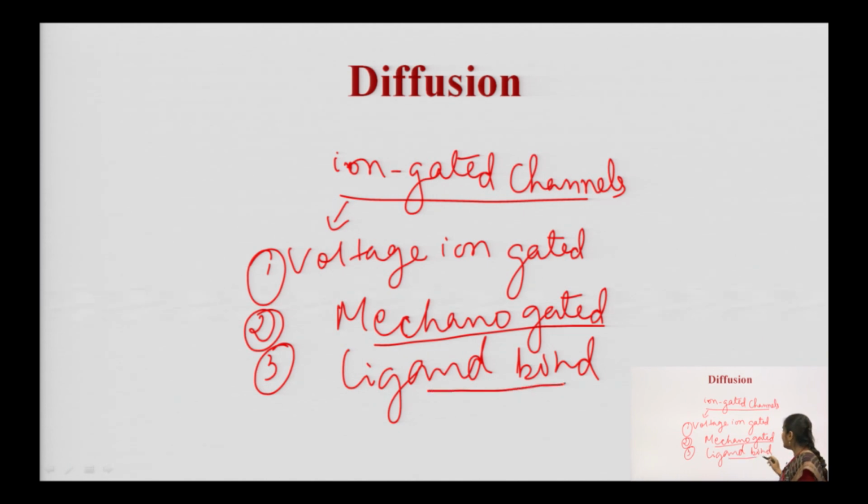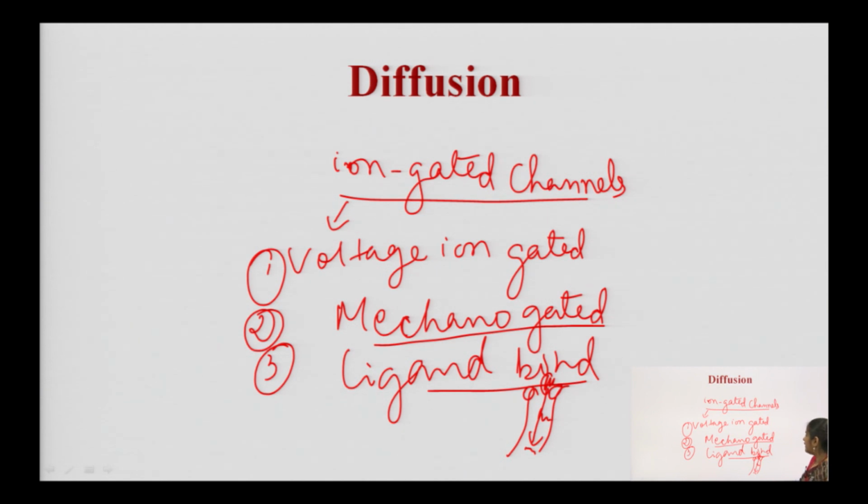In case of ligand gated ion channels, there are certain ligands which may attach to the outer surface of the channel or to the inner surface of the channel, and after getting attached they open the channel, and then your solute can move through this channel.